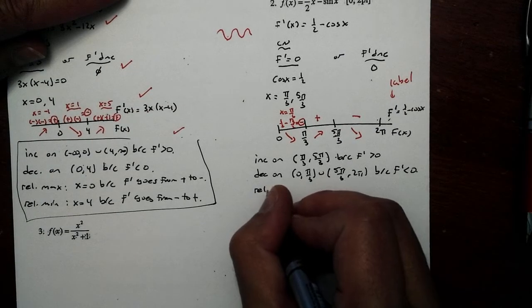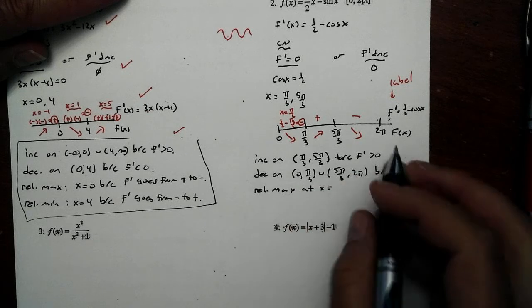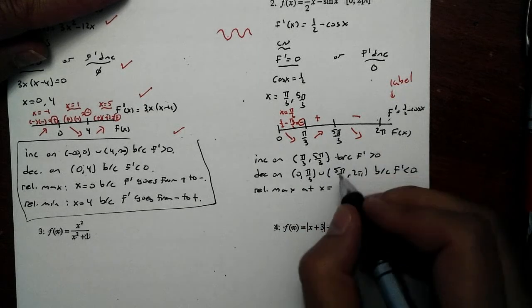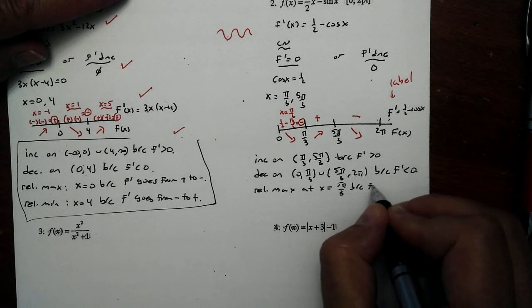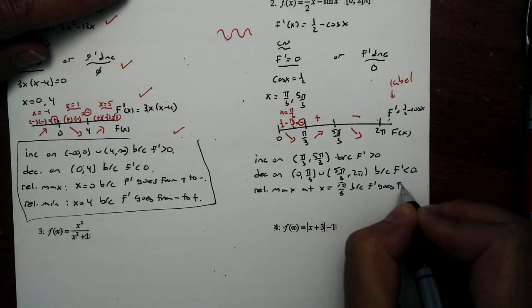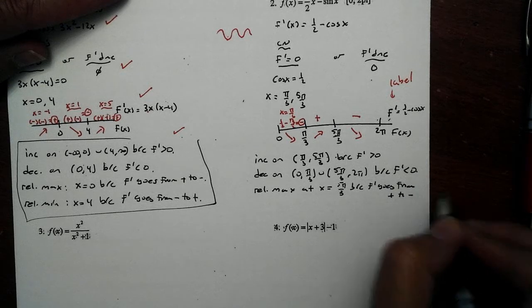We have a relative max at x equals, where does the slope go up and down, 5 pi over 3. And that is because the derivative goes from positive to negative.